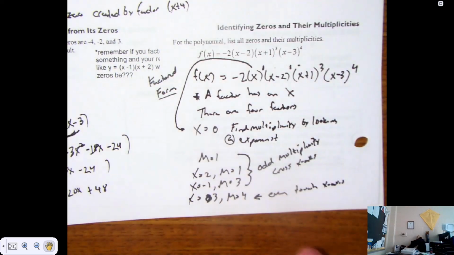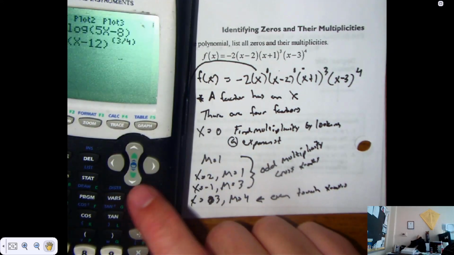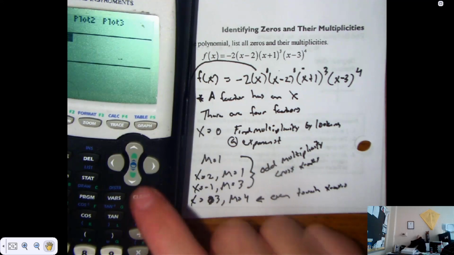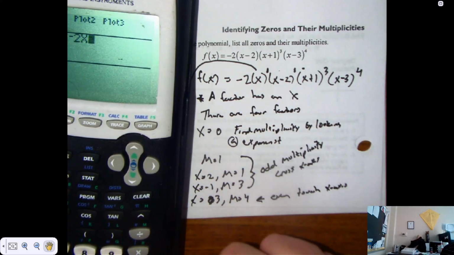Well, I'll take a look at that function. Just to make sure. You can punch buttons too if you'd like. It does help. I modified it a little bit. I threw an x there.